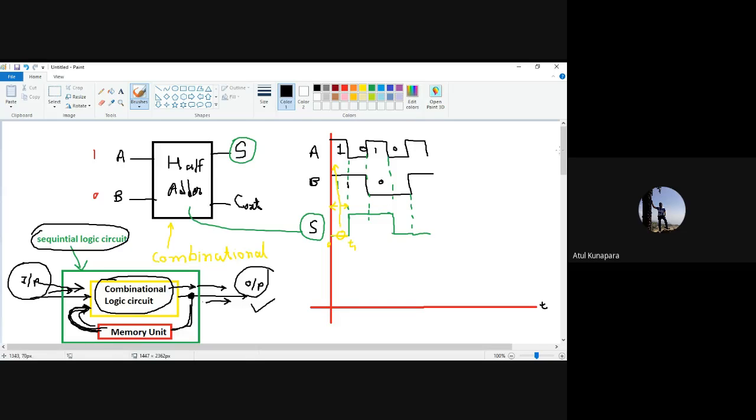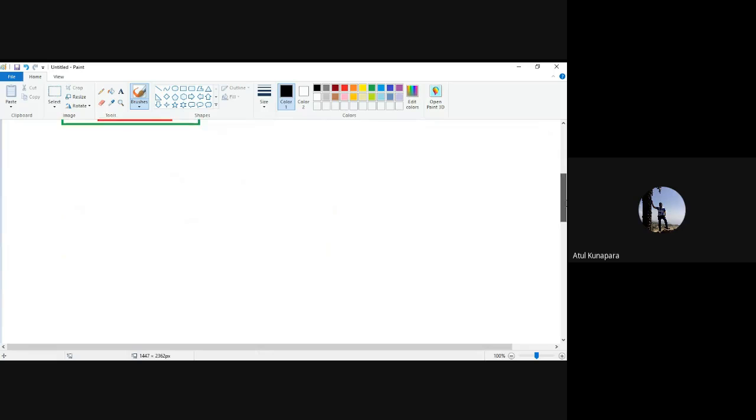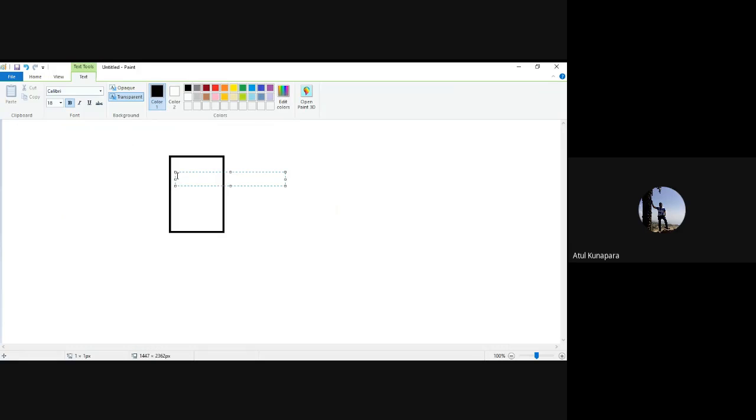Now, the next part of the circuit which we are going to start, let me give you the block diagram so it will help you understand better. Suppose I am going to show you a latch. Let me write it down here. Generally, we are going to talk about the RS or SR latch.